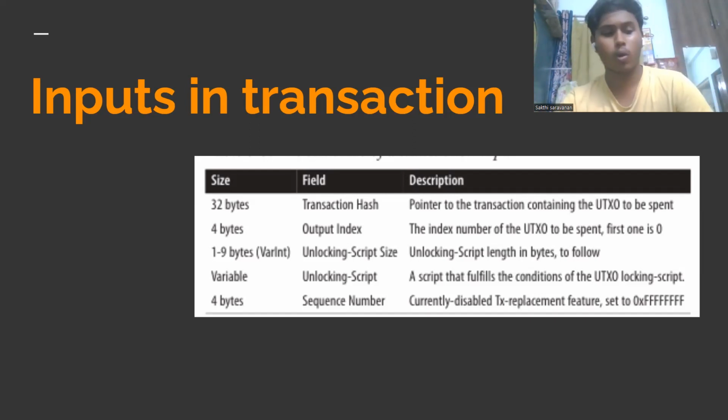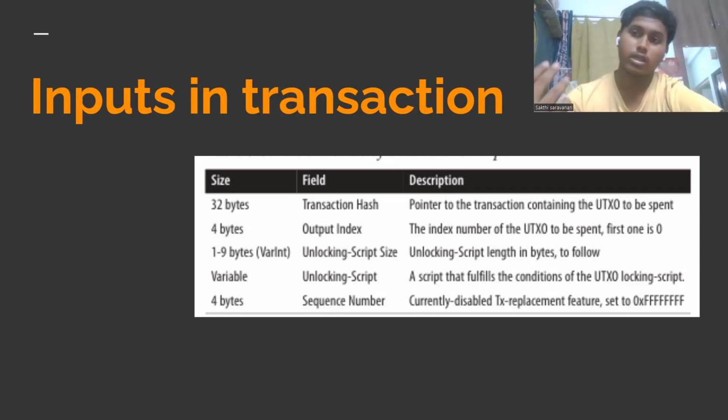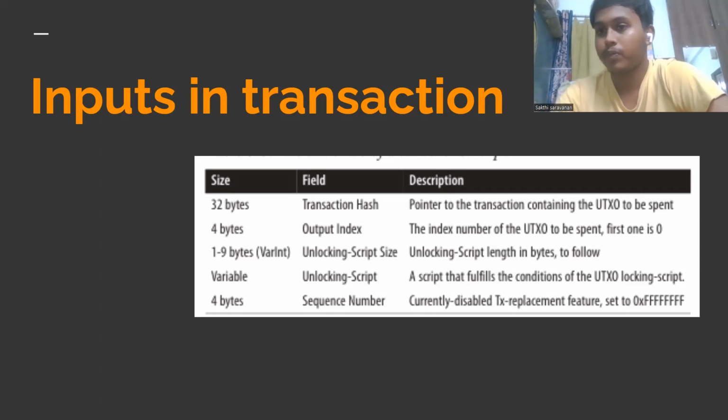If Alice wants to send some amount of Bitcoin to Bob, she is going to use this UTXO as an input. Then she will have a script that mentions a condition as an unlocking script. This will be added along with the transaction that is going to be sent, which will in turn create another UTXO belonging to Bob.